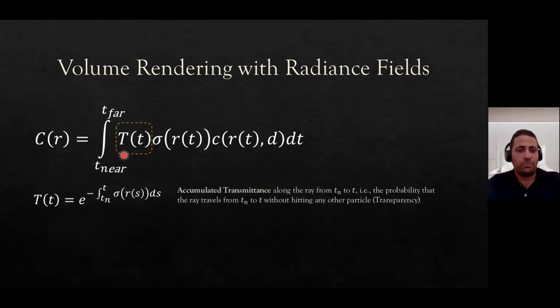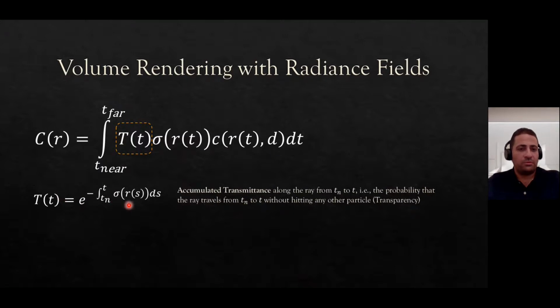Now, the first part, which is capital T of the point t that we are assessing. Capital T is called the accumulated transmittance along the ray, which is the probability that the ray travels from t near to t without hitting any other particle.